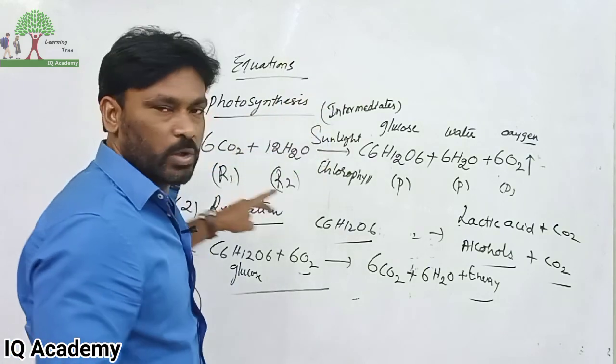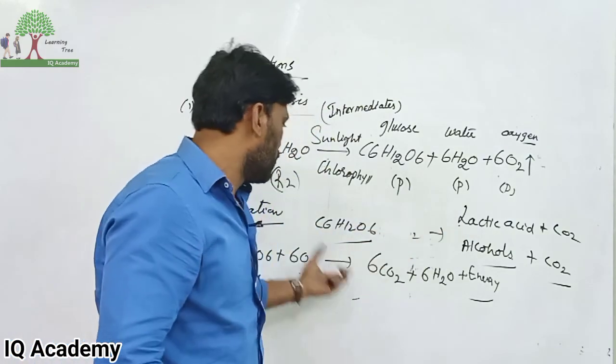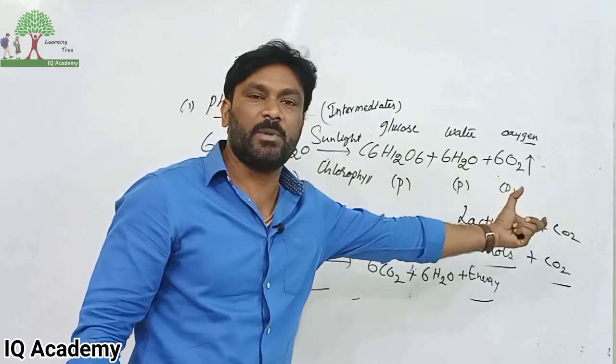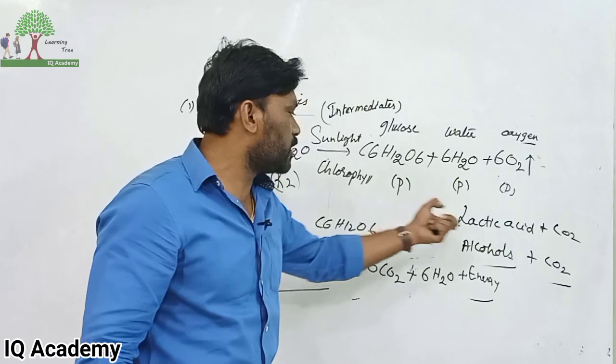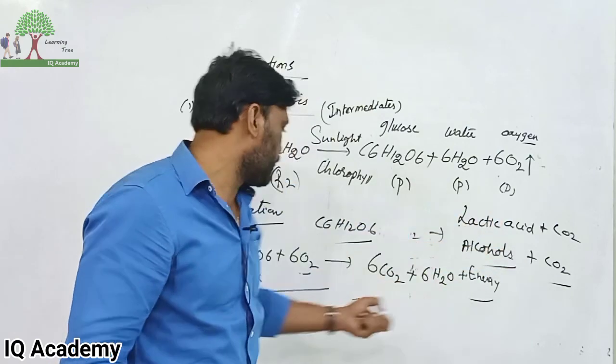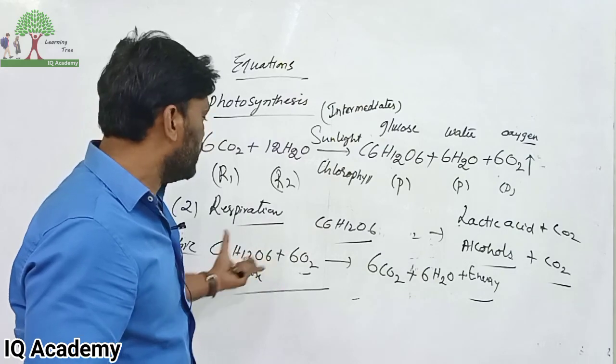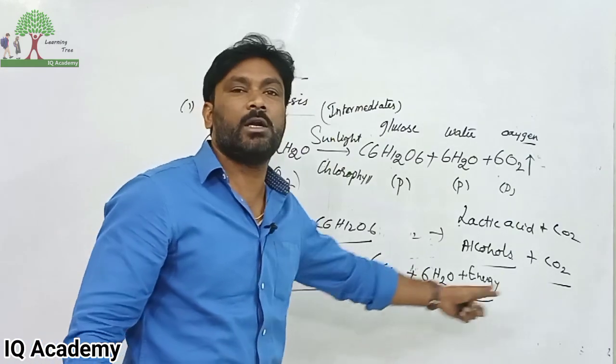In respiration, there are two types, aerobic and anaerobic. In anaerobic respiration, glucose is changed into lactic acid and carbon dioxide by bacteria, and alcohols and carbon dioxide by yeast. In aerobic respiration, glucose in the presence of oxygen changes into carbon dioxide, water and energy.